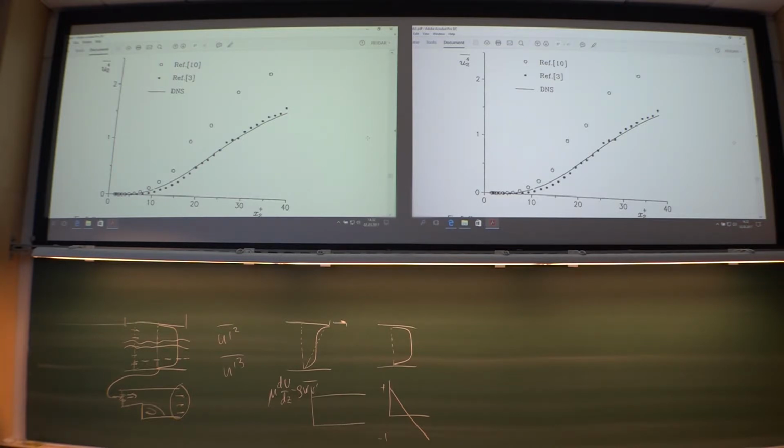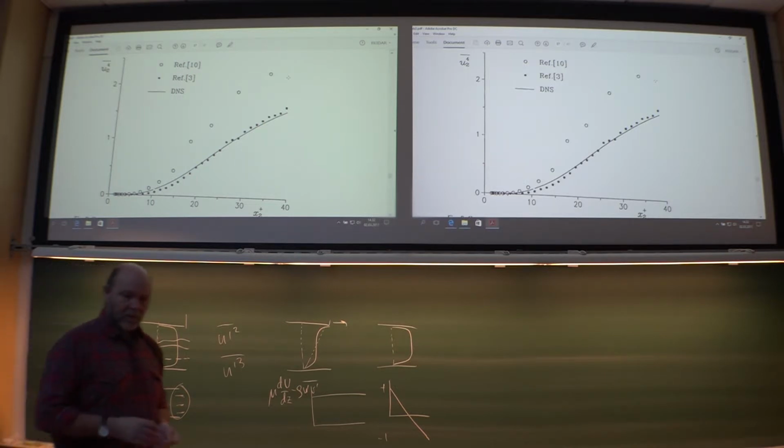Here I think it was the Swedes, Ref 3, that did a very good job. I think they used laser Doppler, while the circles, Ref 10, should be from Japan, where they used PIV techniques.